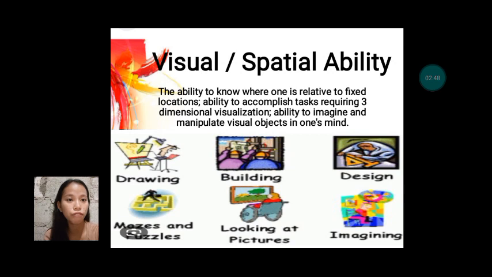So first, we have here visual spatial ability: the ability to know where one is relative to fixed locations, the ability to accomplish tasks requiring 3-dimensional visualization, and the ability to imagine and manipulate visual objects in one's mind.